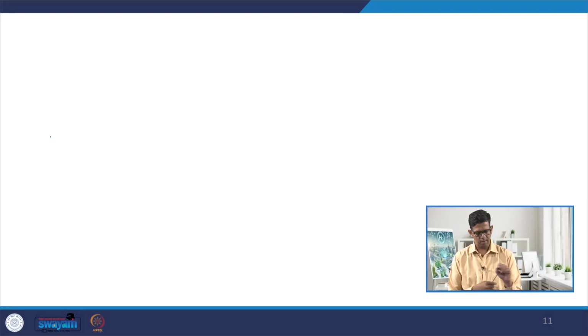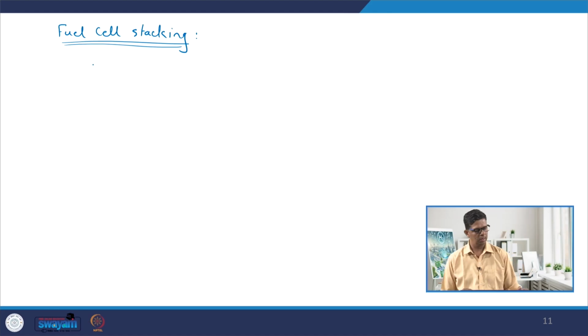So, when it comes to stacking, the single fuel cell looks pretty simple in structure, but when it comes to a stack, how does it look like? Fuel cell stacking. All of us know how batteries are basically stacked together.